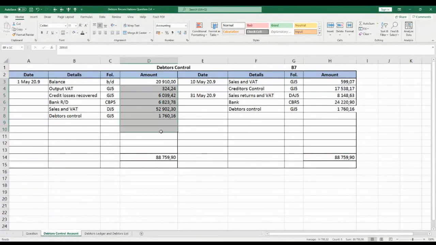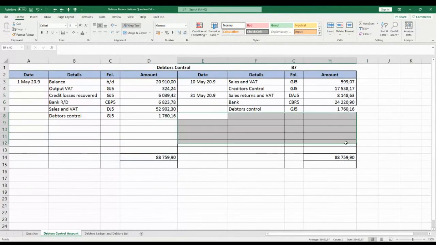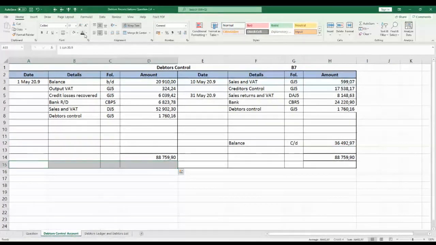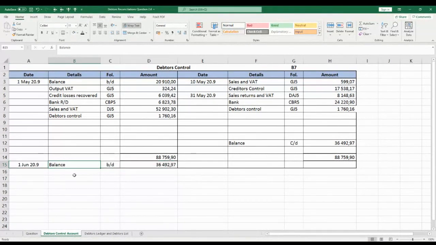Because we know debtors generally have a bigger debit balance than a credit balance, you would add the debit side, get the total, and then to balance it, you would add the balance carried down, which is that total less whatever we've got on this credit side. And then the last step, and this also counts marks in a test, is to bring the balance brought down for the following month, which is exactly the same there.